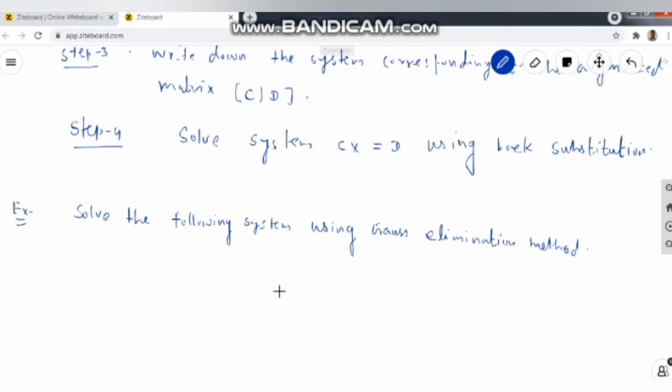So this is the system of linear equations given here.